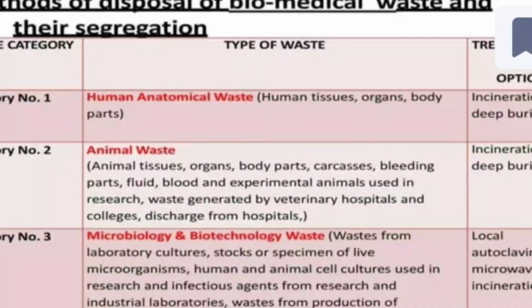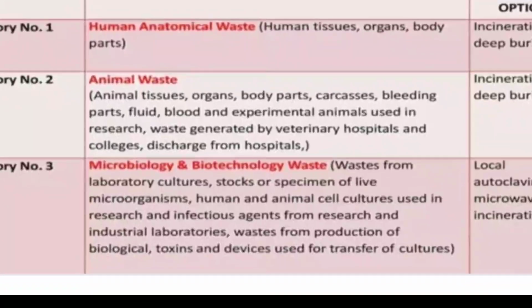Next is category number 2, animal waste: animal tissues, organs, body parts, carcasses of animals, bleeding parts, fluid, blood and experimental animals used in research, waste generated by veterinary hospitals and colleges, discharged from hospital. Same thing, you can do incineration or deep burial.